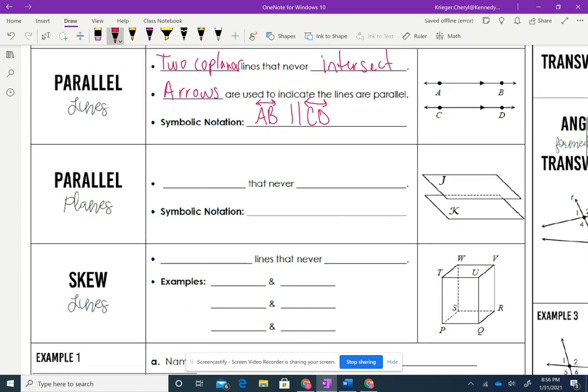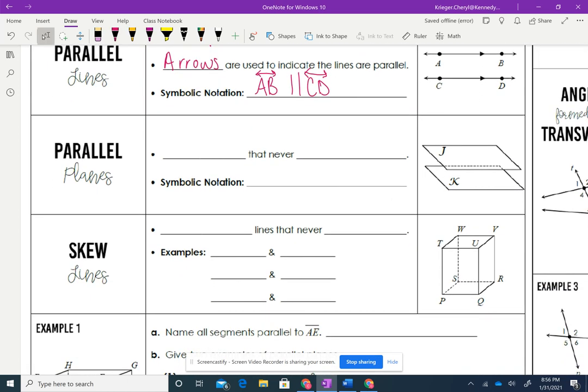Okay, so parallel planes are planes that never intersect.